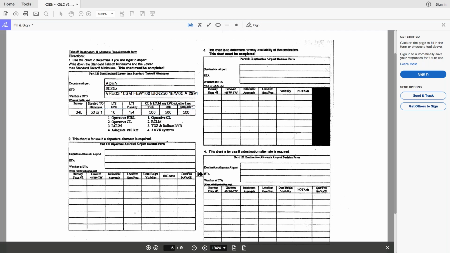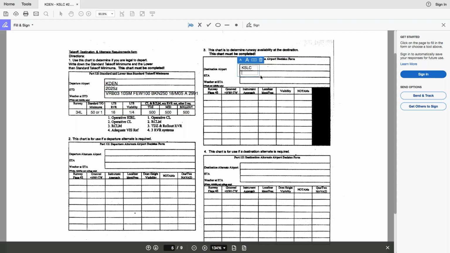So we've got Denver filled out. Let's go over, we don't have any alternates, right? So our takeoff alternate would use this box, and our destination alternate would use this box.